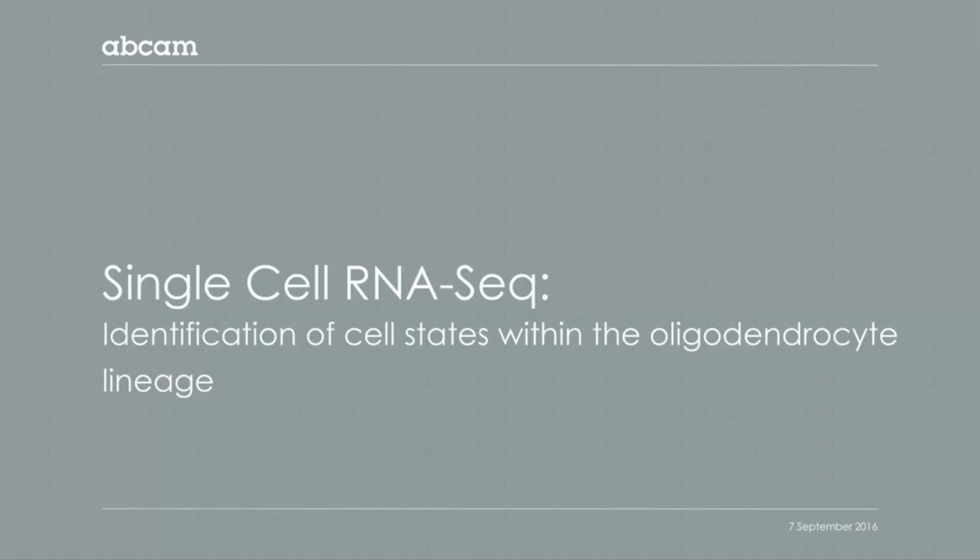Okay, so now I'll continue from Amit's presentation and give an example of how we have applied the techniques that Amit has talked about, single-cell RNA sequencing, to the identification of cell states within the oligodendrocyte lineage, which is the major cell type that we are interested in my lab.